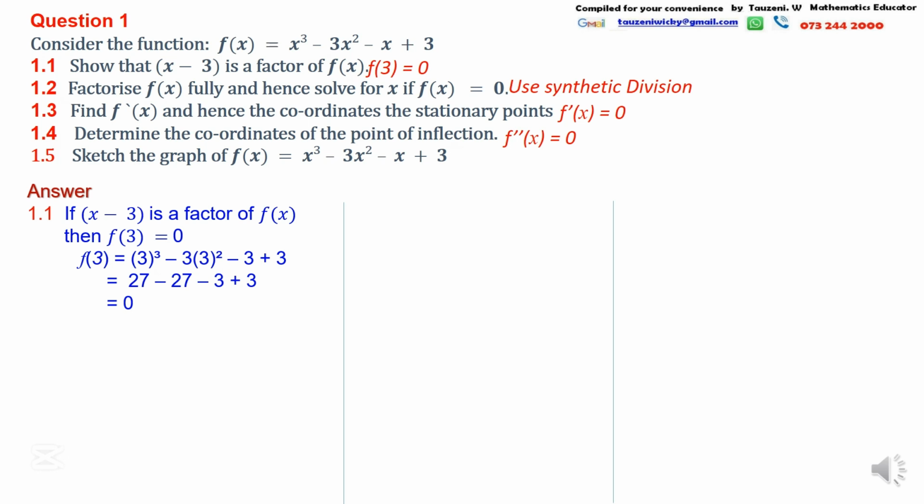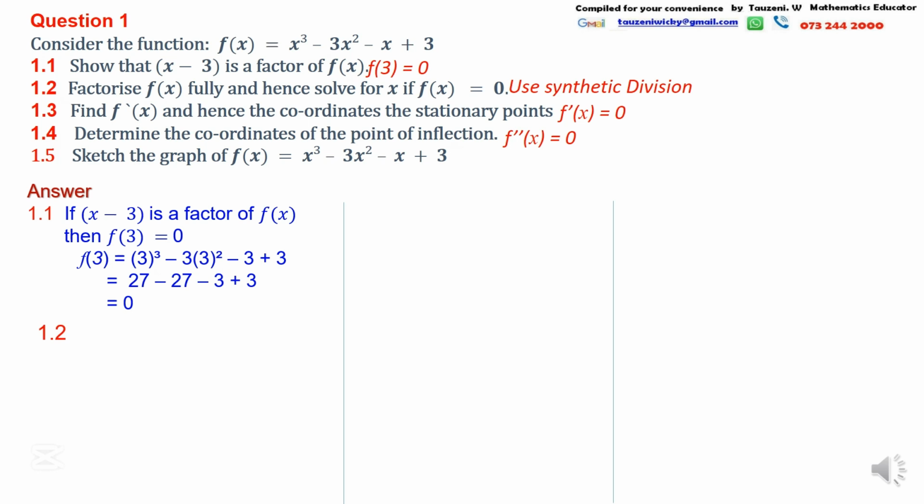Simply substitute x with 3 and the answer that we get must be 0. That is the proof required. If x minus 3 is a factor of f of x, it follows that f of 3 must equal 0. That means replace x with 3 and simplify. The answer must be 0.